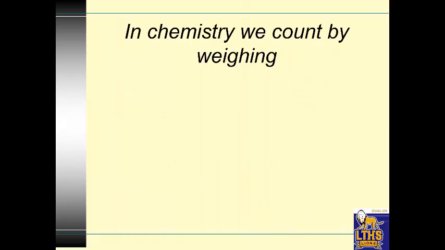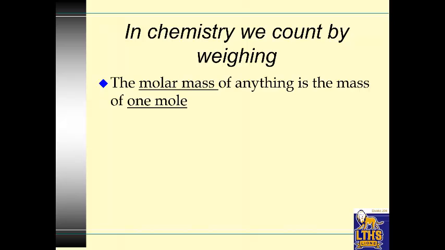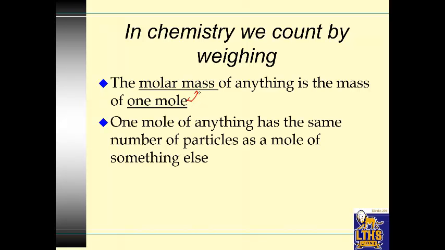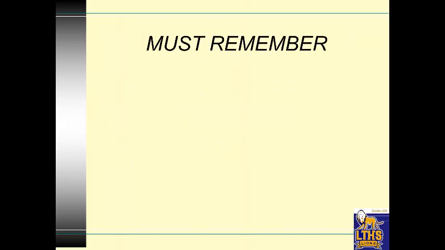So in chemistry, we count by weighing because the molar mass of anything is the mass of 1 mole. So 1 mole, or Avogadro's number of anything, is equal to the molar mass from the periodic table. Okay, the mass of 1 mole. 1 mole of anything has the same number of particles as a mole of something else. So if we can weigh it, we know how many are in it, Avogadro's number, but each particle has a different mass. So molar mass is going to be different for every substance, but what's the same about it is the number of molecules or atoms or formula units.